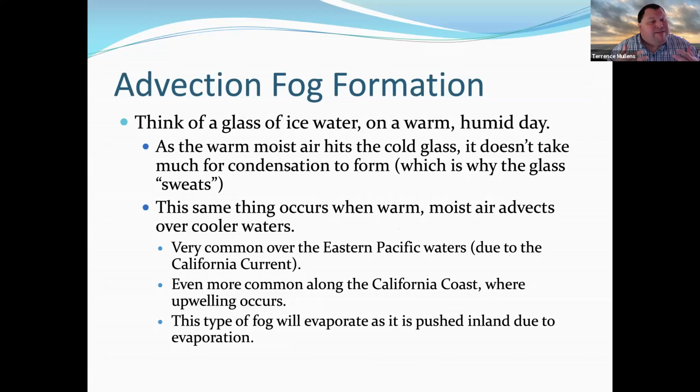Well, what happens is that warm air will blow over cool waters. Those cool waters have very saturated air associated with them. And when you get warm air blowing over them, that warm air cools very quickly to saturation and fog forms.